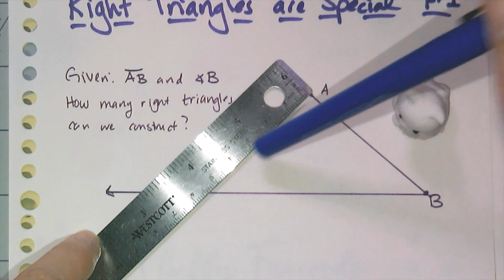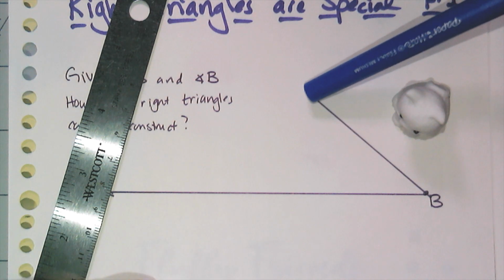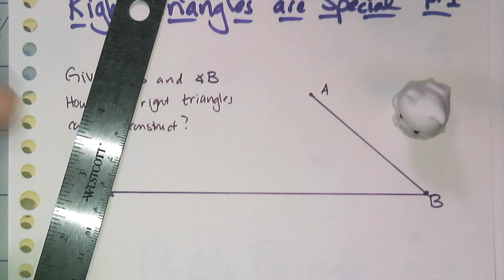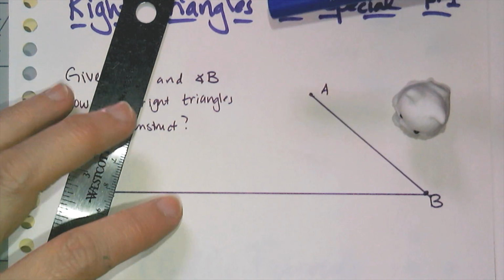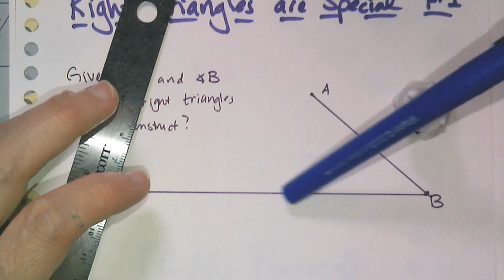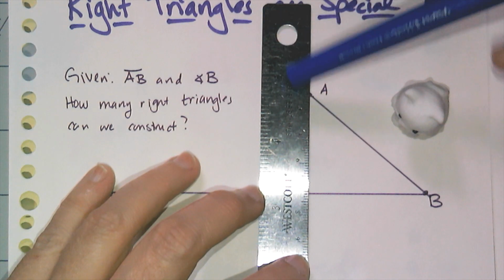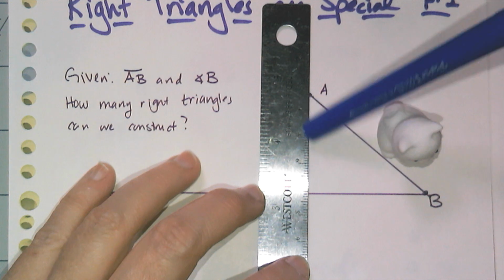And it's going to create that right triangle. And the other option I have is to make the unlettered angle be the right angle, which means I need to construct the line that is perpendicular to this ray that goes through point A. So I'm looking at this line here, right? Or this line segment here.